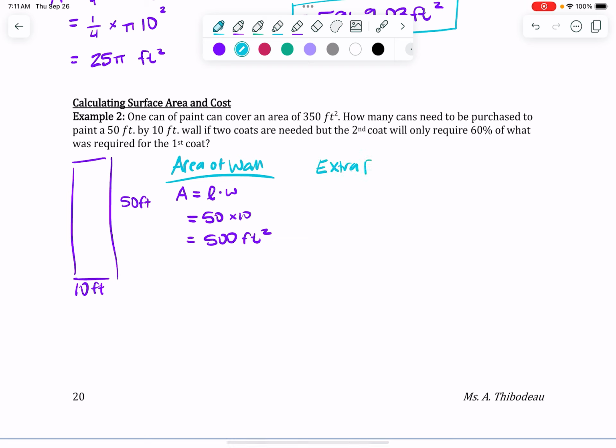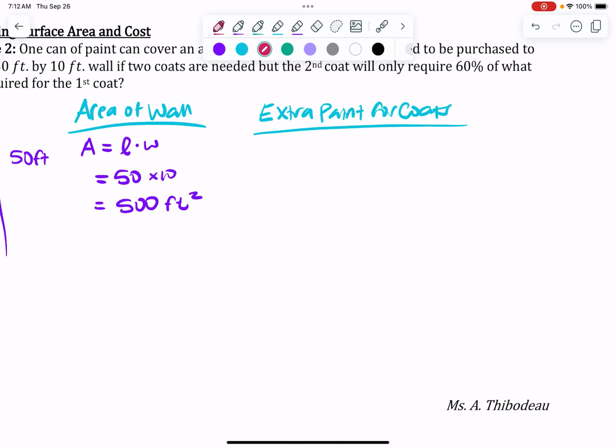So extra paint for coats. Right, we are doing 2 coats, but it was said that the second coat will only require 60%. So extra is calculated very similar to taxes in the sense that my first coat requires 100%. Here's some little side work that I'm going to do. So coat 1 is 100%.